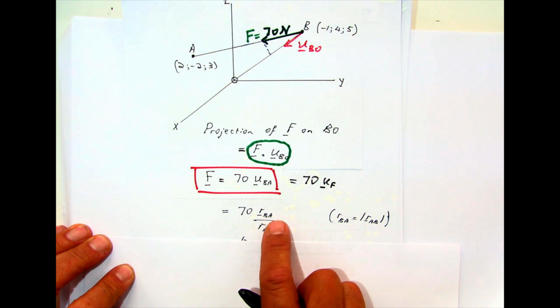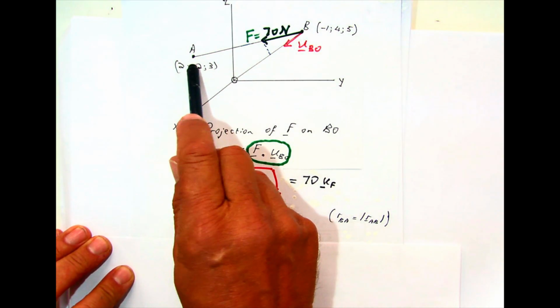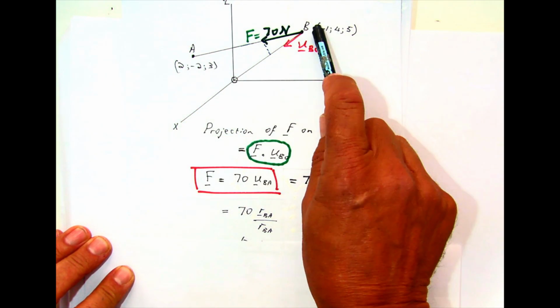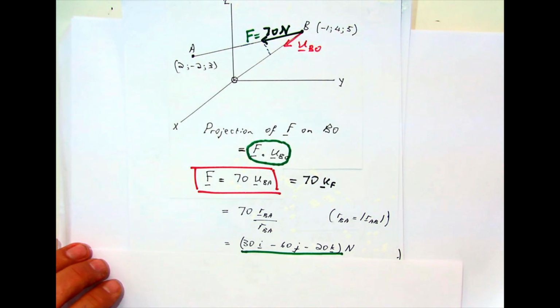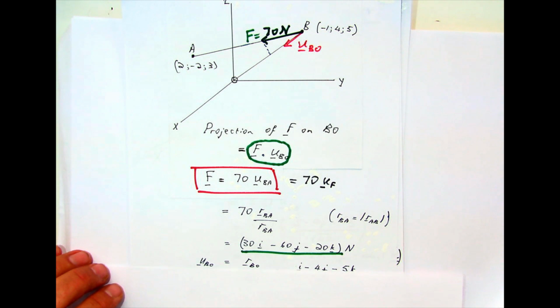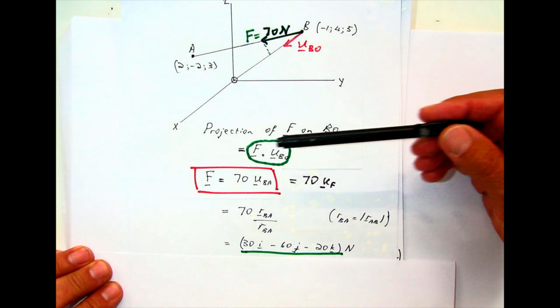So, you've got to get the position vector. You should know how to get the position vector: the final values minus those values will give you that position vector. So eventually you get something like that. So there's your force. So that's this one over here.